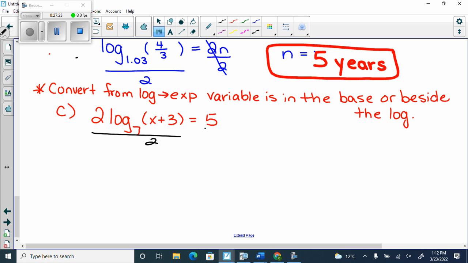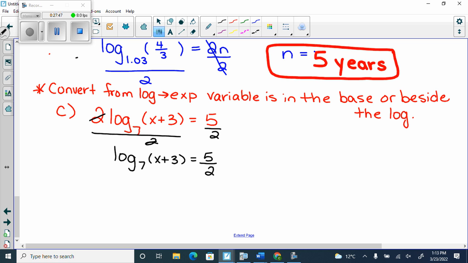So if I divide by 2 here, divide by 2 here, I'm going to have log base 7 of x plus 3 equals 5 over 2. And now I can actually convert. What was our rule? The base of our exponent is the base of our log, correct? So now conversely, the base of our log is the base of our exponent.